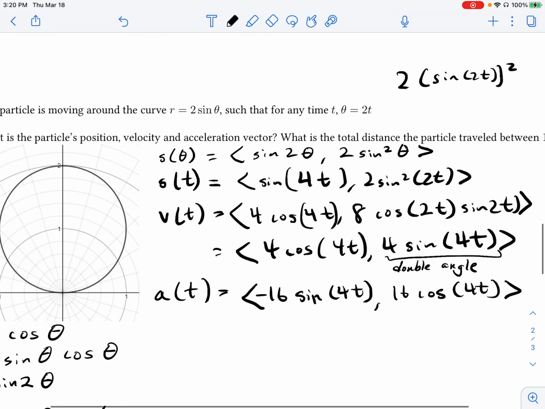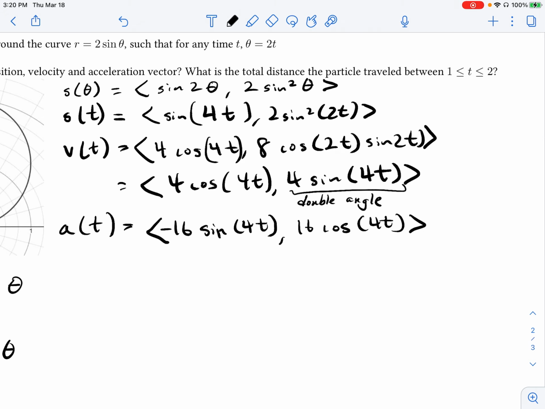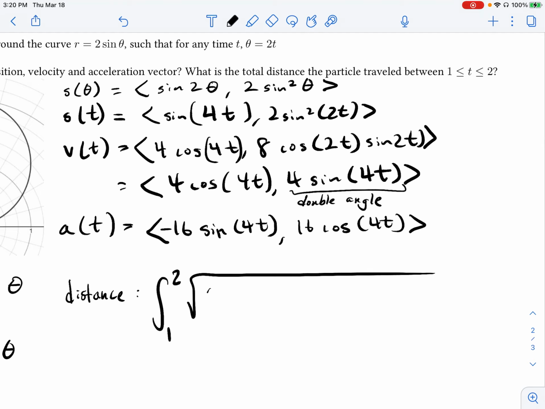Now it's asking us for the total distance that the particle travels between 1 and 2. So the distance is going to be the integral. So we're going to use our arc length here from 1 to 2. And we're going to be integrating our speed, which is basically our velocity vector without the direction.